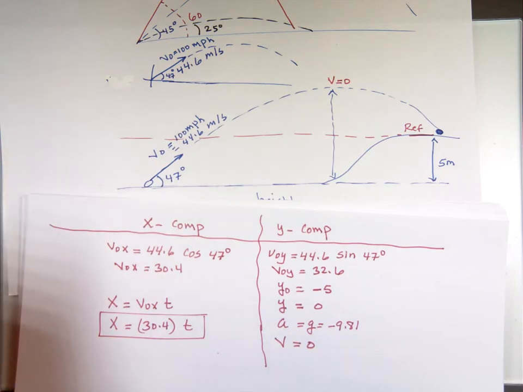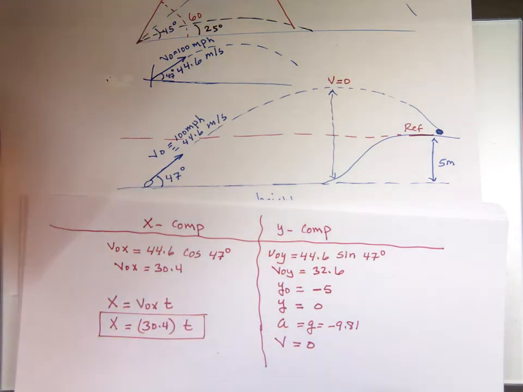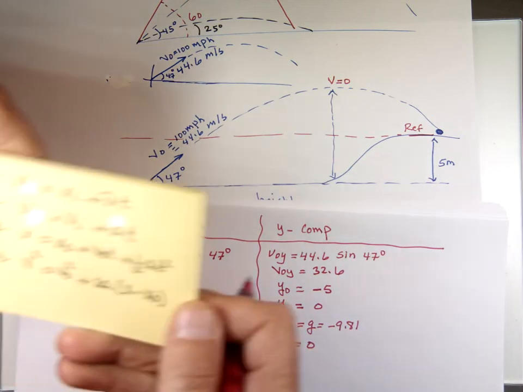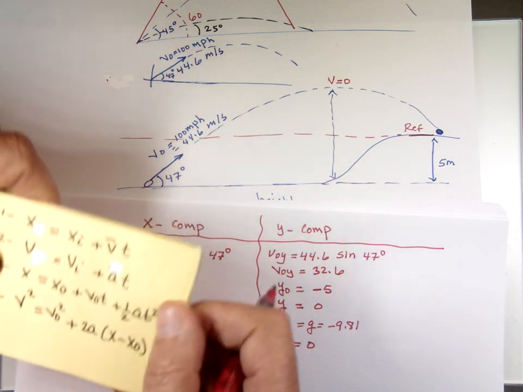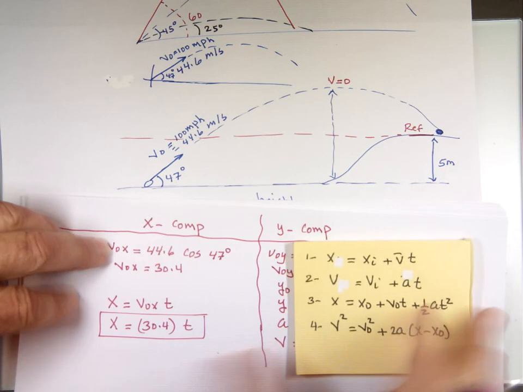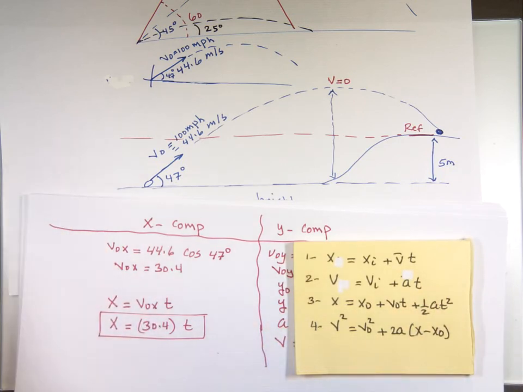So that's what I know. That's all the facts about the problem. Now, if I want to find out how high it goes, that means I need to find what y is. There's my equation. So why didn't we use the last one? Well, if I use the last one, I know this, I know this, I know this.